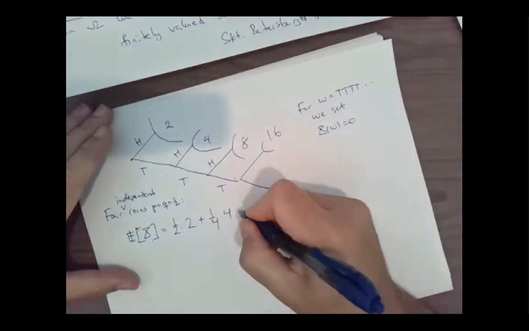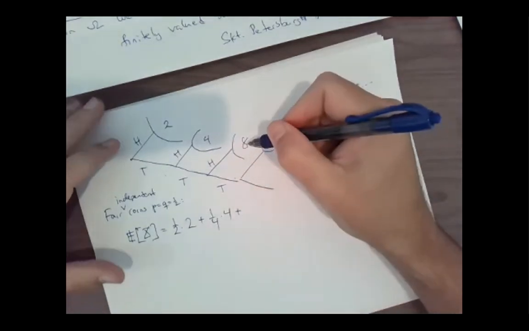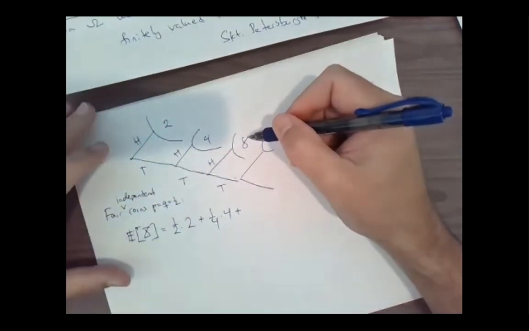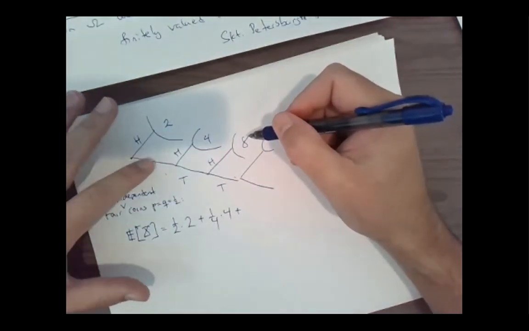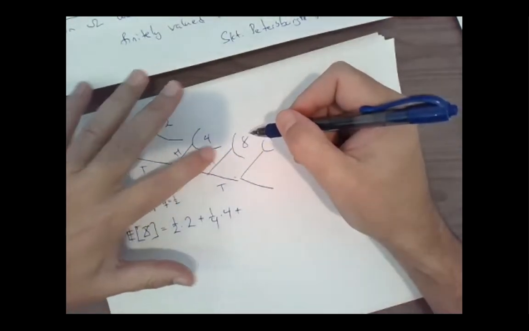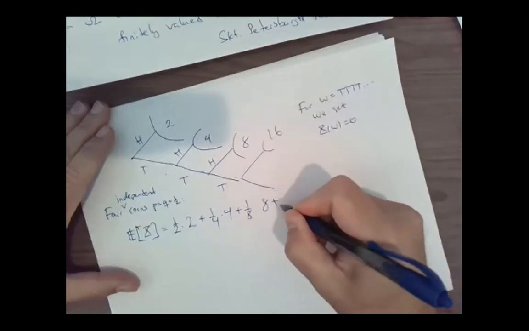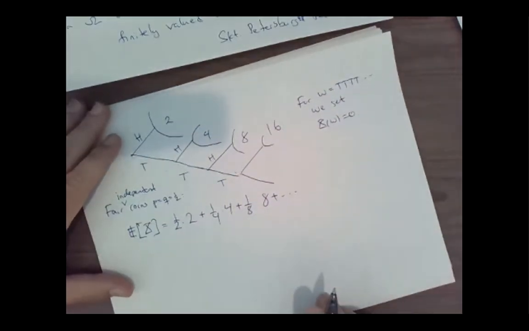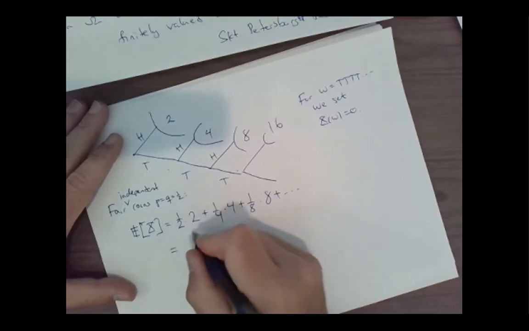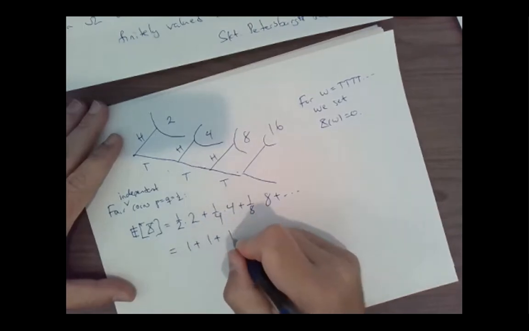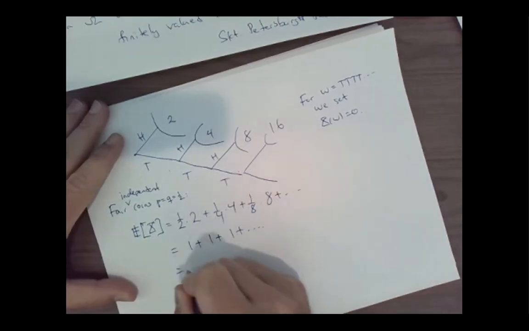Okay, so when is x equal to 8? I need tails, tails, heads. And what's the probability of that? It's a half times a half times a half. That's 1 over 8 times the value of 8, and so on. And so what you end up with here is 1 plus 1 plus 1, and so on, which is equal to plus infinity.